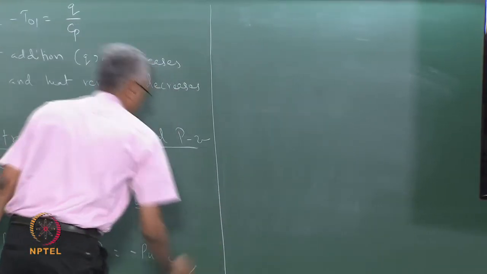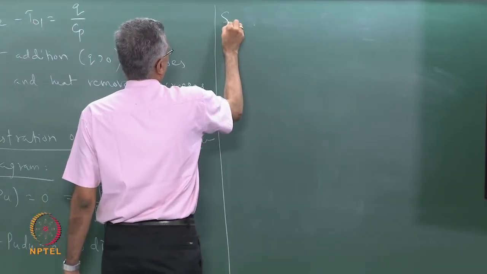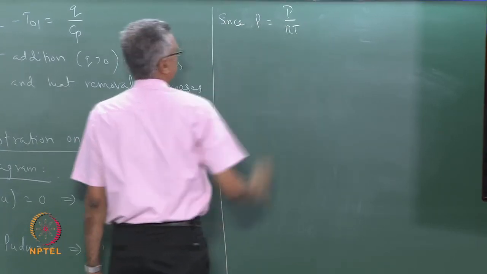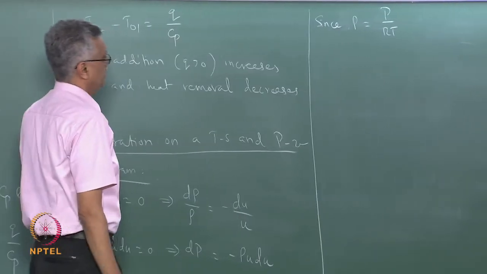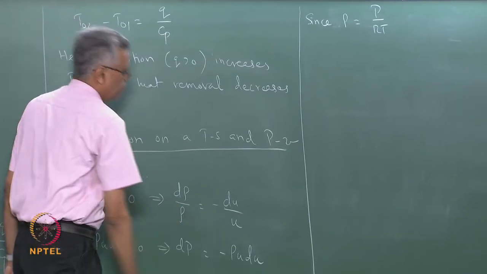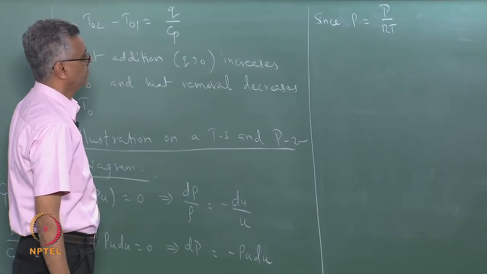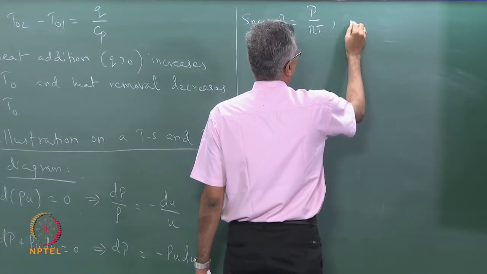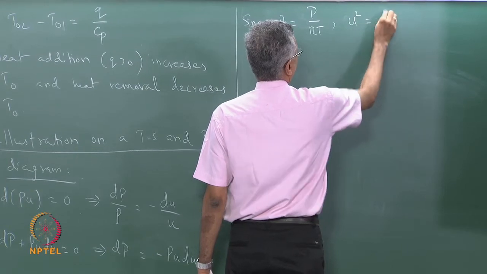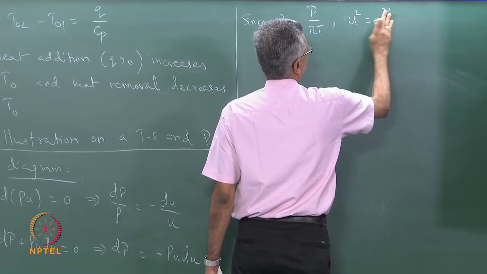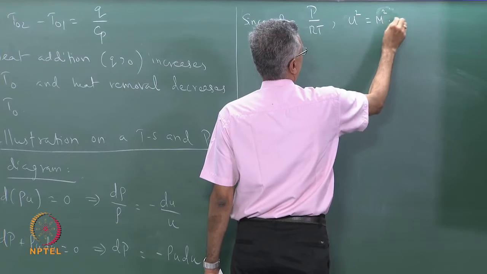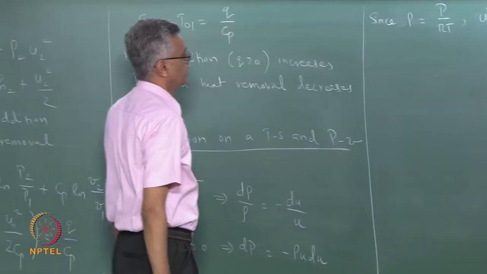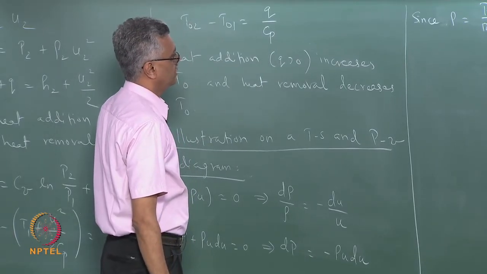Now, if I use the equation of state, I can rewrite the rho here as P over RT, and if I use the definition of Mach number, I can write U square equal to M square times gamma RT.